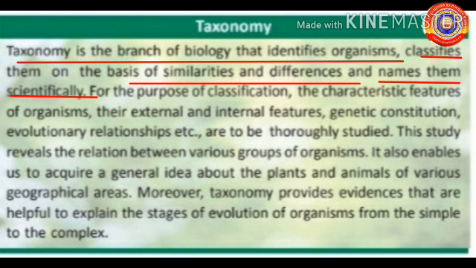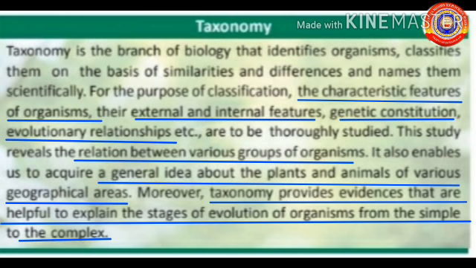Next is taxonomy. It is the branch of biology that identifies organisms, classifies them on the basis of similarities and differences, and names them scientifically. For the purpose of classification, we consider the characteristic features of the organisms.